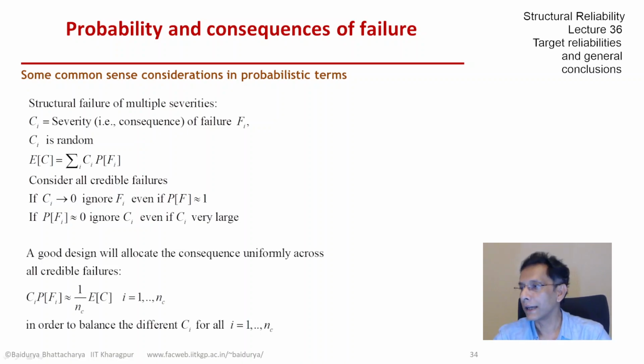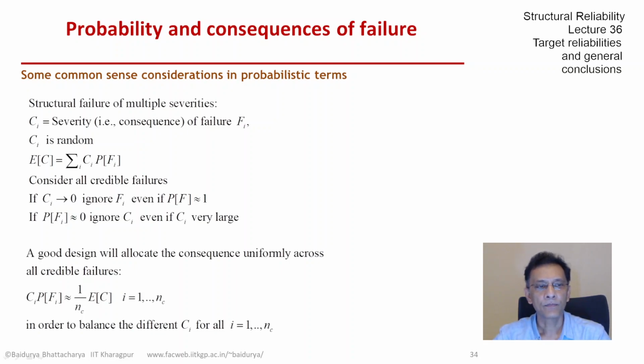So a good design, just like we saw in the previous slide, would like to allocate the total consequence uniformly across all credible failures. So in other words, the product Ci times P of Fi would be of the same order for each i, and we would have roughly the total expected consequence over the number of such different failures that we would like to consider.